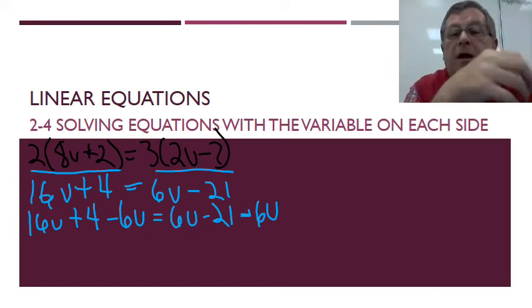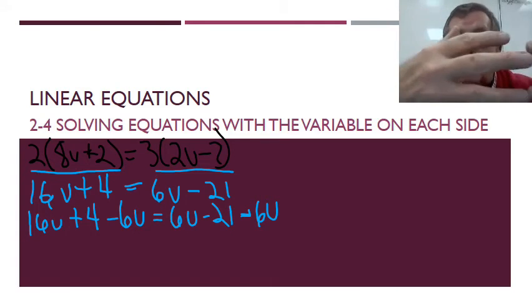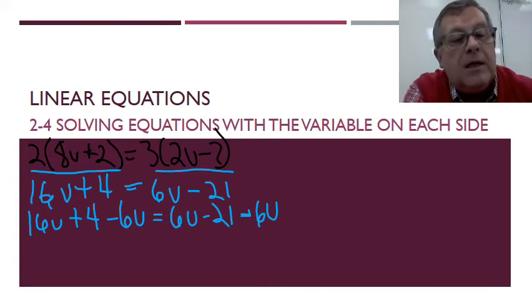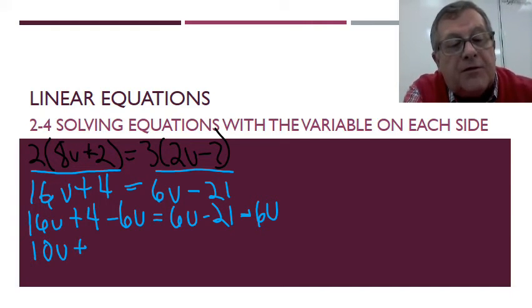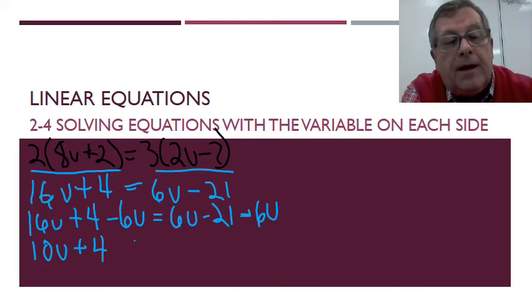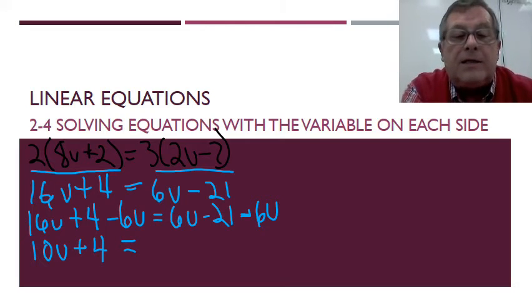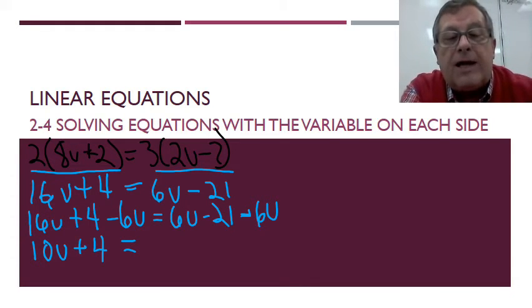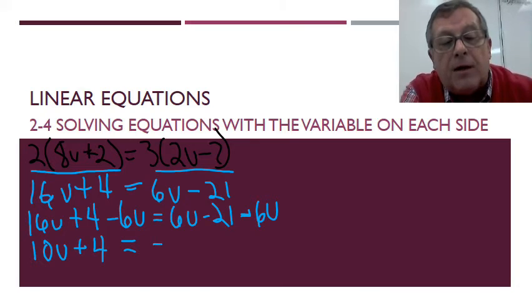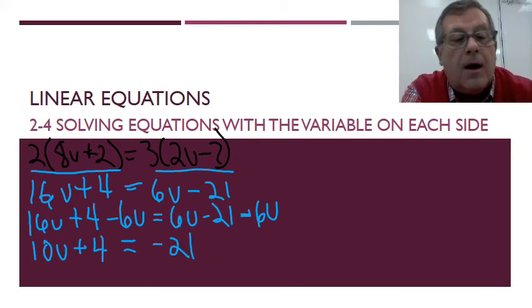I'm combining the like terms. So 16u minus 6u is going to give me 10u. And I still got the plus 4 for the time being, equals, and over here on my right-hand side, positive 6u minus 6u is going to cancel, and I'm just left now with minus 21.